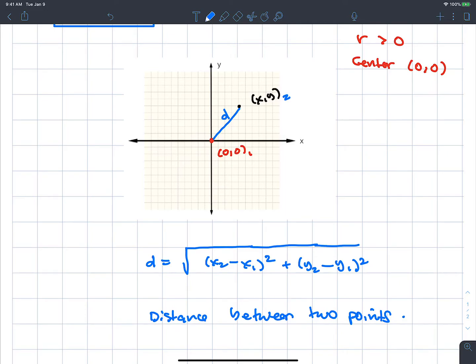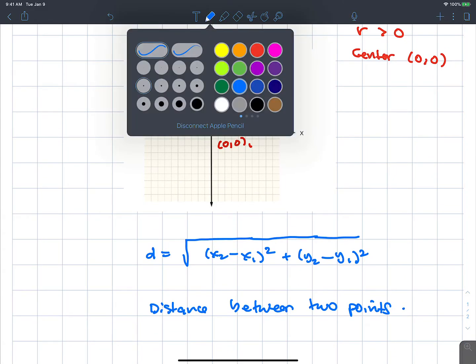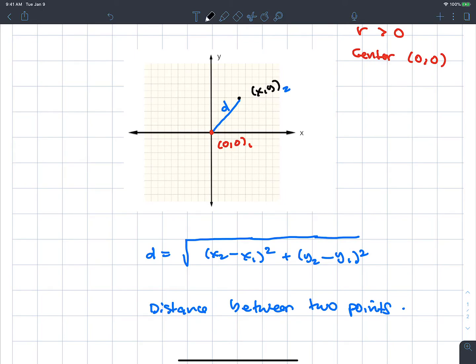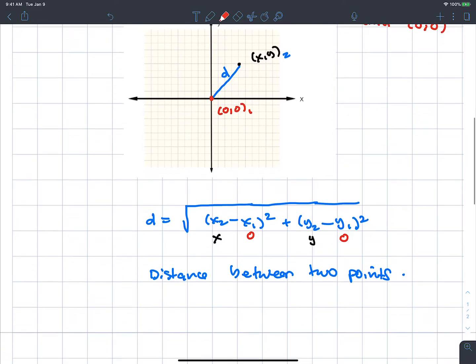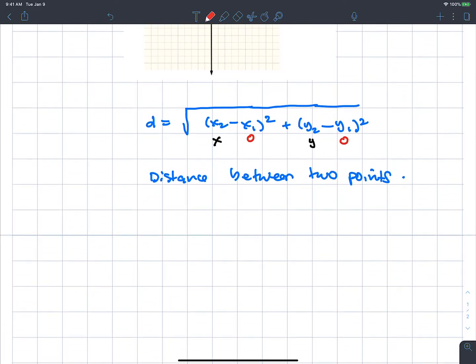So your distance formula d here is going to be applied. Let's plug the values in. So this is x, this is y, and then we have 0 and 0, because we're using the distance formula from geometry. So we get now that d is the square root of x minus 0 squared plus y minus 0 squared.